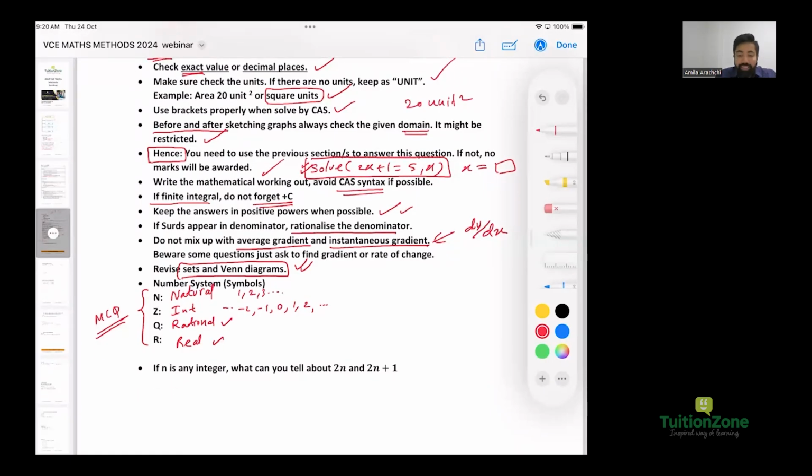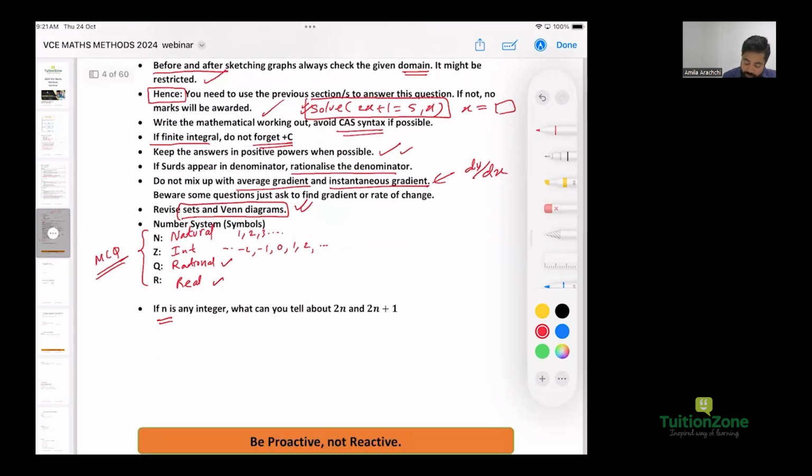Now, the last one. If I say n is any integer, it could be even, it can be odd. We're talking about 2n. What does it mean? If I say n, 2n, 2n plus 1, and n is 1, 2, 3, 4, what are the values for 2n? When n is 1, 2n becomes 2, and this becomes 4, 6, and 8.